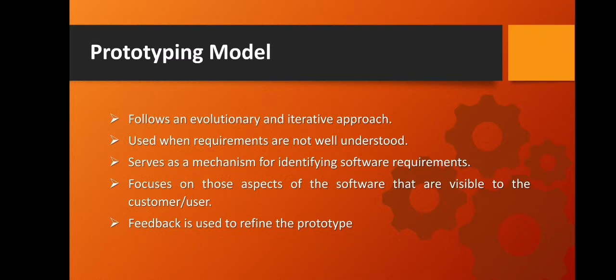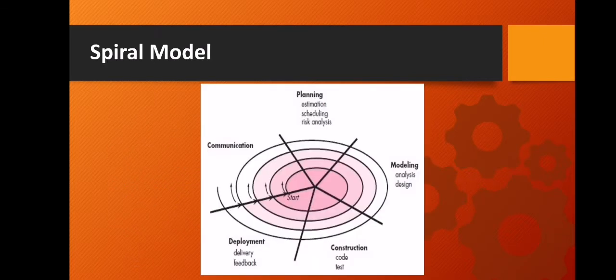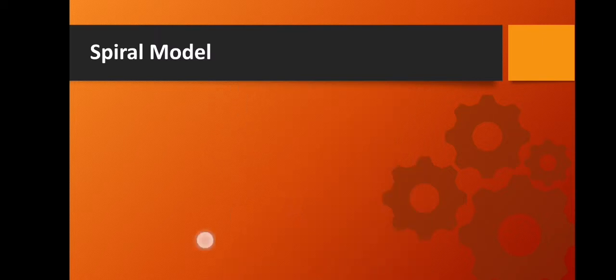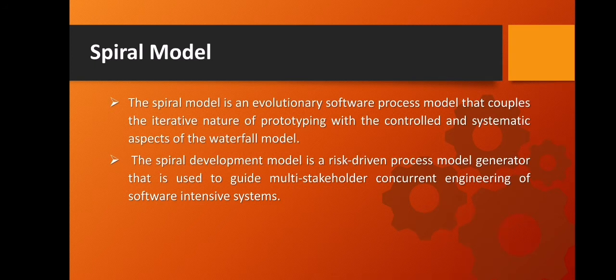We now go to the spiral model. So here is the illustration of a spiral model. Now, the spiral model was invented by Dr. Harry Boehm in 1988.